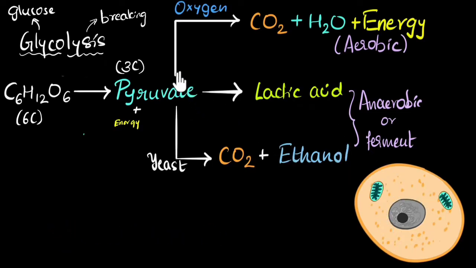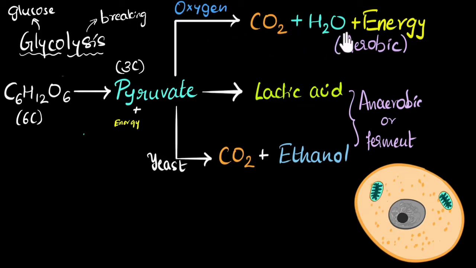On the other hand, if we want aerobic respiration, this part, then that happens inside the mitochondria. So if you want aerobic respiration, once the glycolysis happens in the cytoplasm, the pyruvate has to enter into the mitochondria. And then oxygen also has to enter into the mitochondria, and that's where this reaction takes place.